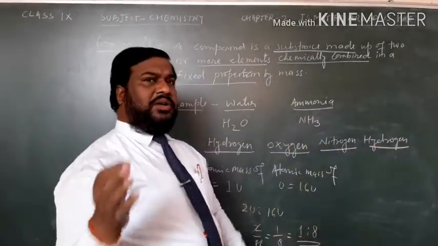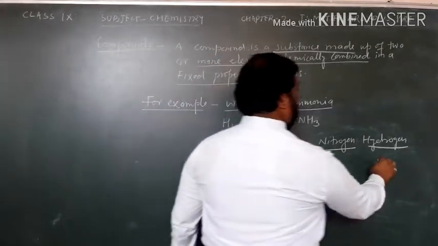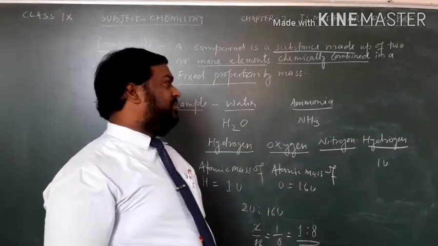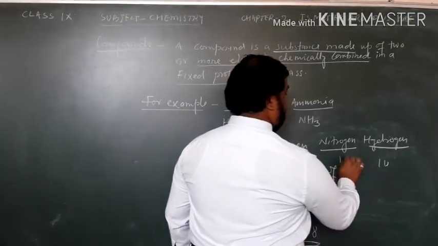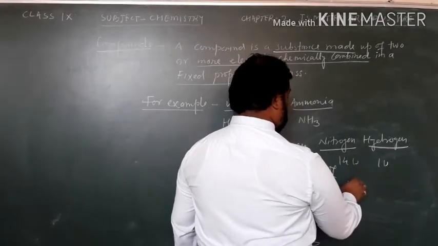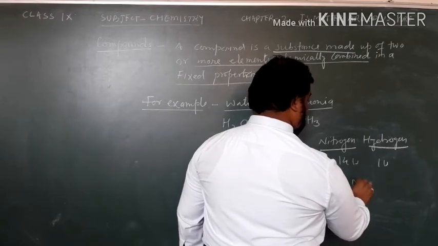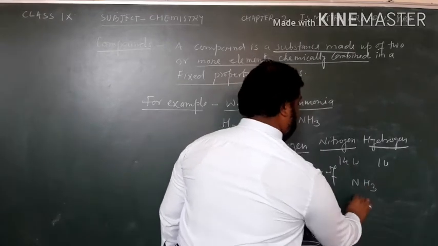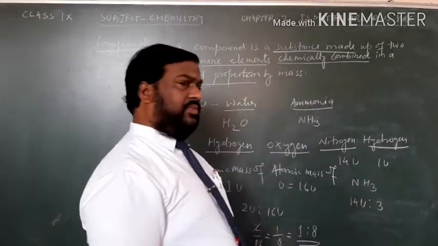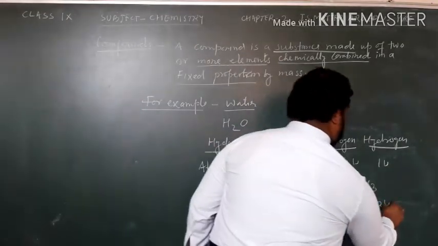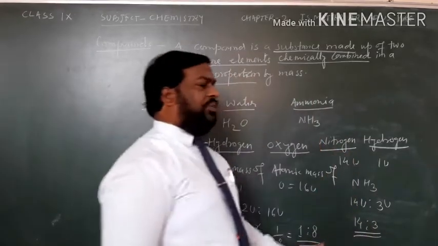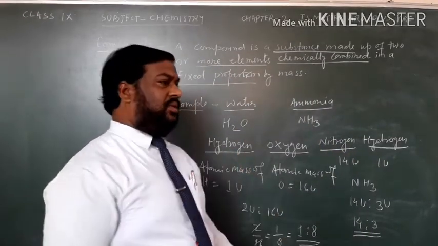The atomic mass of hydrogen is 1 unit and the atomic mass of nitrogen is 14 units. So here the ratio, NH3, means 14 units is to 3 units. Clear? So the ratio is 14 is to 3. This is the fixed mass ratio of nitrogen to hydrogen.